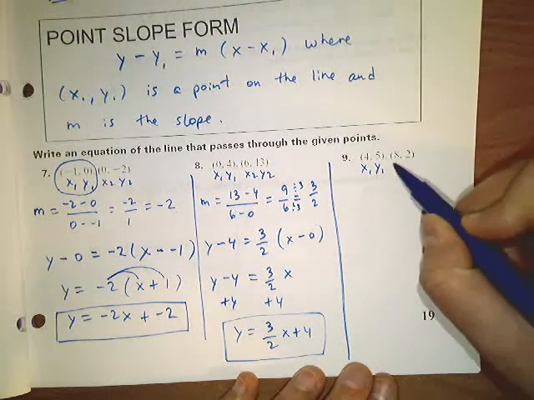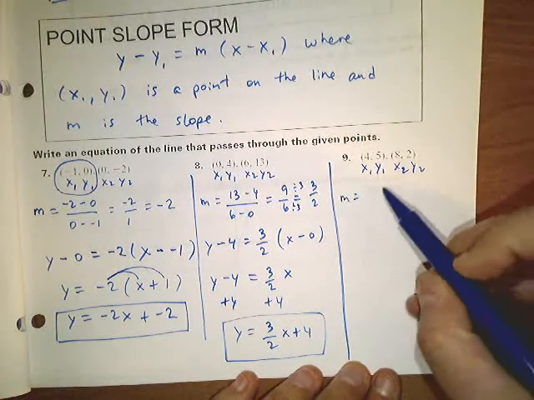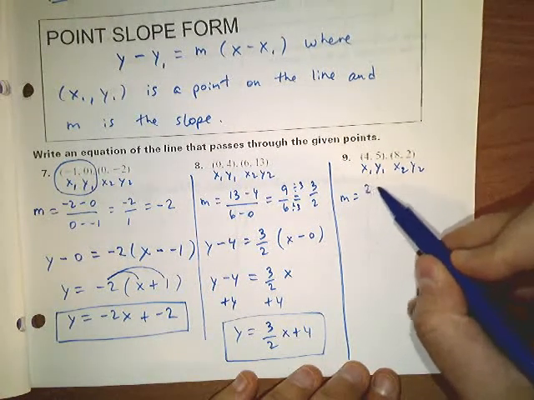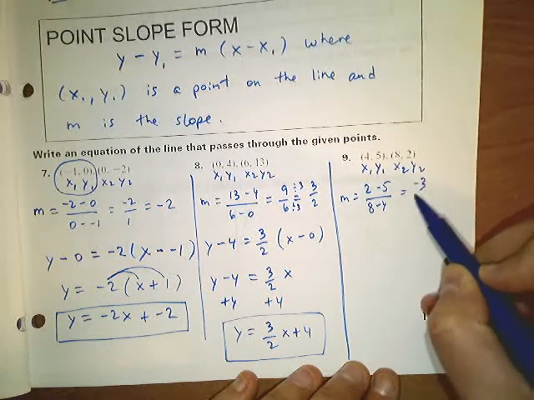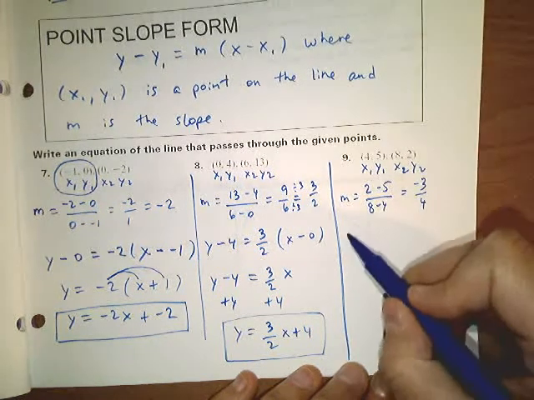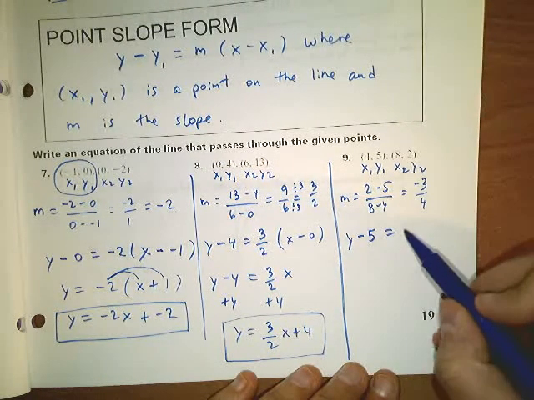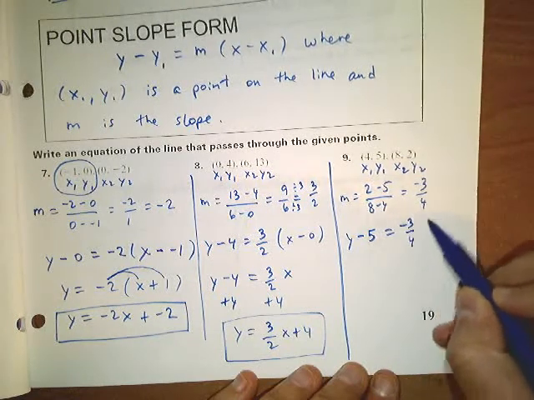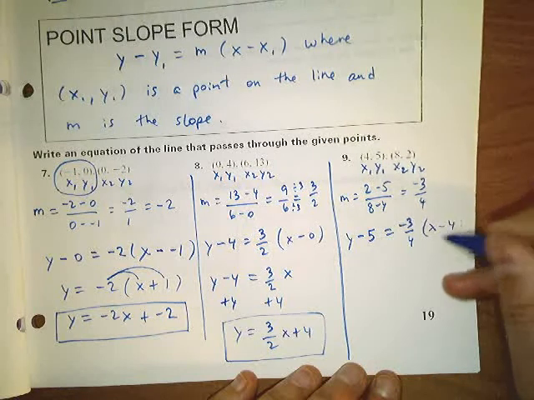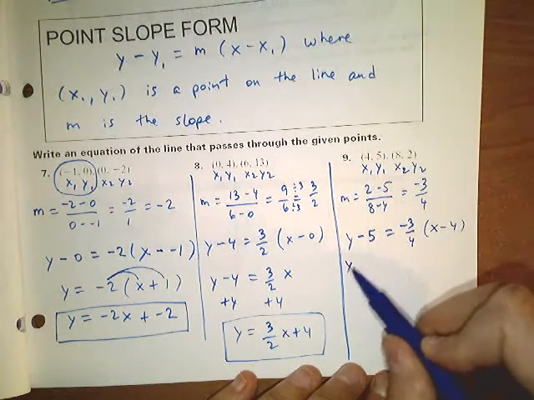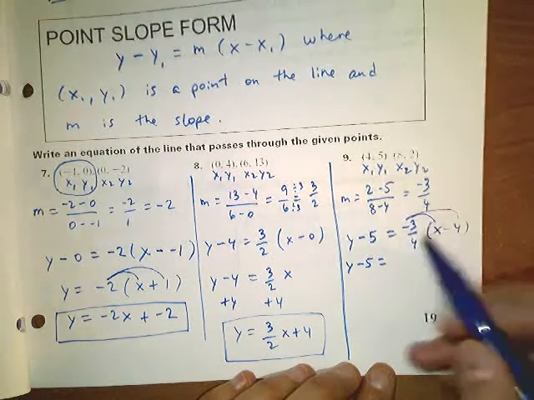I have x sub 1, y sub 1, and x sub 2, y sub 2. So my slope would be 2 minus 5 over 8 minus 4, or -3/4. So y minus y sub 1 would be y minus 5 equals the slope, which is -3/4, times x minus x sub 1, which is 4. So I'm going to use the distributive property here to multiply through.